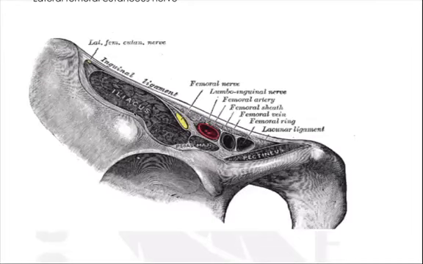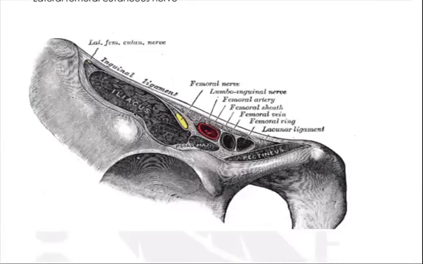Okay. So on the lacuna vasorum, if you think by the name itself, you're going to have some vessels and one nerve actually. So what are the vessels? First thing first, you're going to have the femoral vein, the femoral artery, and just behind the femoral artery, the femoral branch of the genitofemoral nerve.